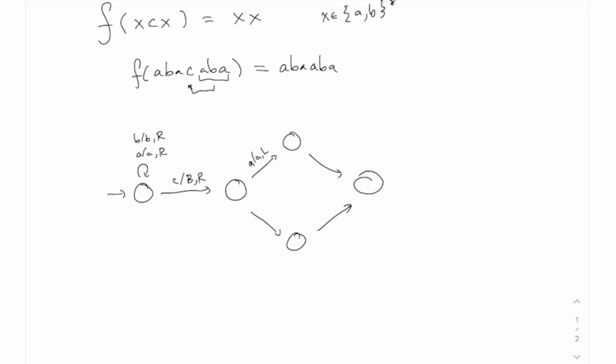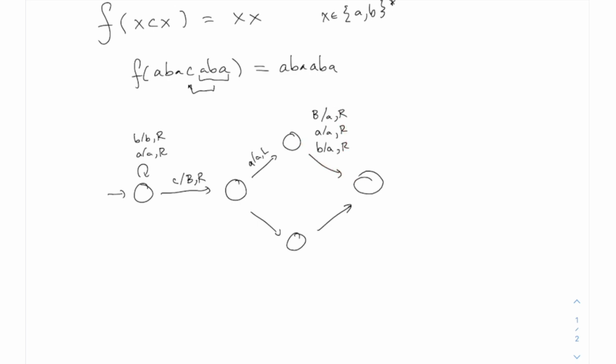Seeing this A, you go to the left, and then whatever you see there, you replace with an A. So if it was a B, I'll make it an A. If it was an A, I keep it an A. And if it was a blank, which is possible just because of this arrow here, I might have made a blank in there. Anyway, I make it an A. And then move to the right.